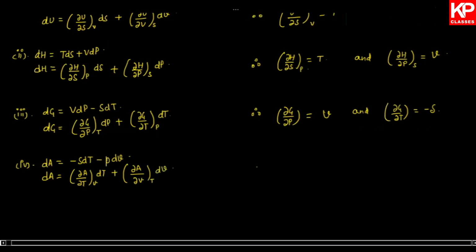So ∂A/∂T is nothing but equal to minus entropy, and ∂A/∂V is nothing but equal to minus P. I have left out the constant terms over here: the constant is volume for the temperature term and temperature for the volume term. Similarly, for the earlier equation, the constants are volume and temperature.